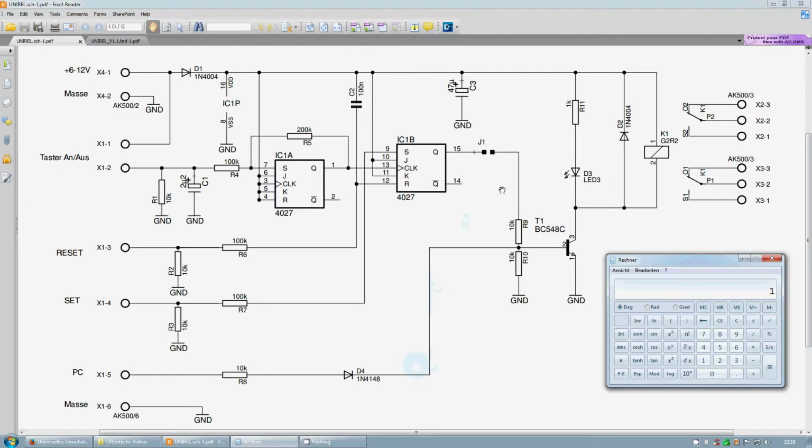Now let's close the jumper and first of all take a look at what happens when the output of this flip-flop goes either too high or too low.